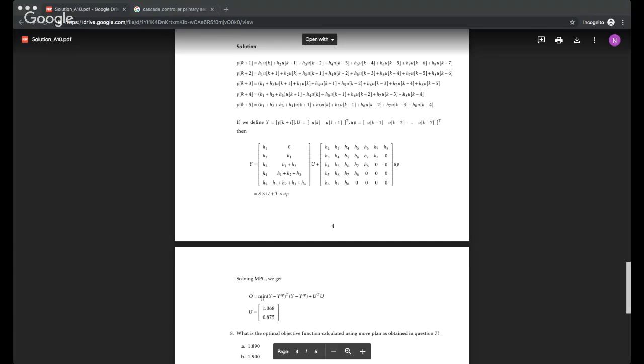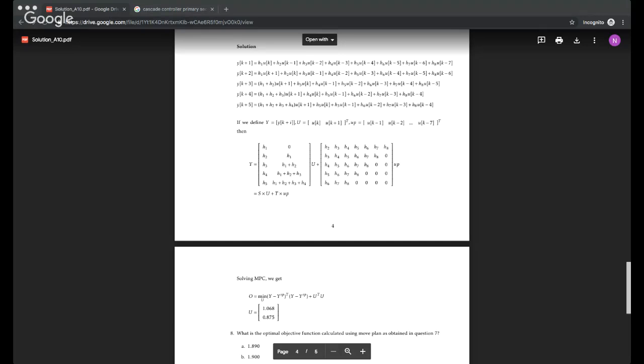When the prediction horizon is greater than the control horizon, for any k plus i greater than 2, we write it in terms of u of k plus 1. So we say u of k plus 2 is u of k plus 1, and u of k plus 3 is also u of k plus 1. u of k plus 4 is also u of k plus 1.